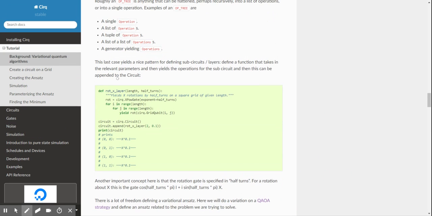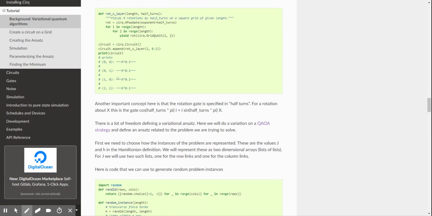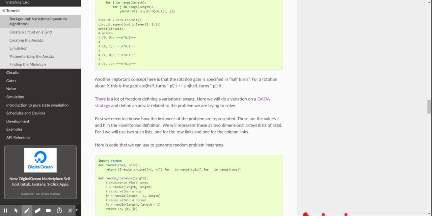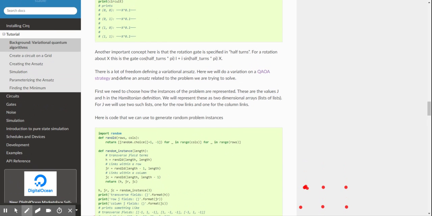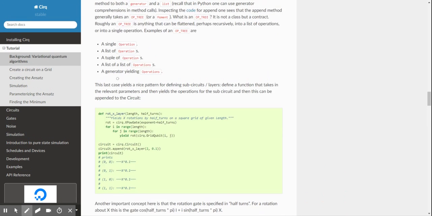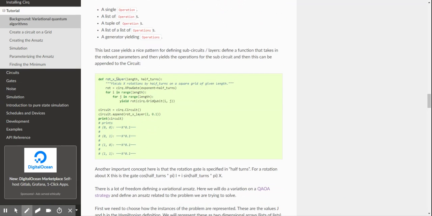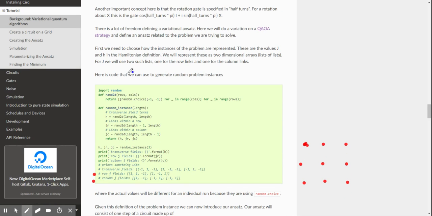What is that? The interaction within the rows and within the columns, but I can't find where this is written. Oh, here.